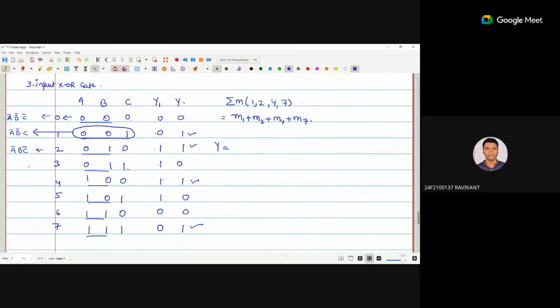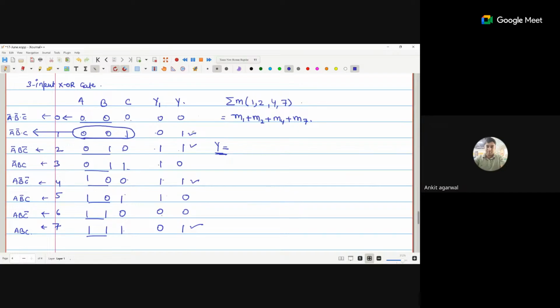Then A, B bar, C bar, and A, B, C. Okay, so now I can write the min term.